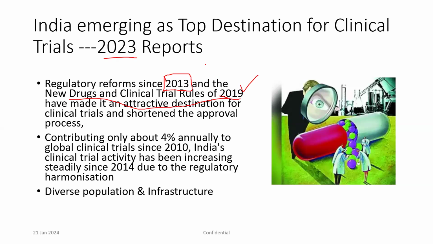And it was so bad in 2013 that many contract research organizations were shut down because business was zero. Not even a single clinical trial happened in 2013. No new approval was there. If some old trial was going on, it continued. In fact, we were working with WHO, and we were a partner of the government of India.